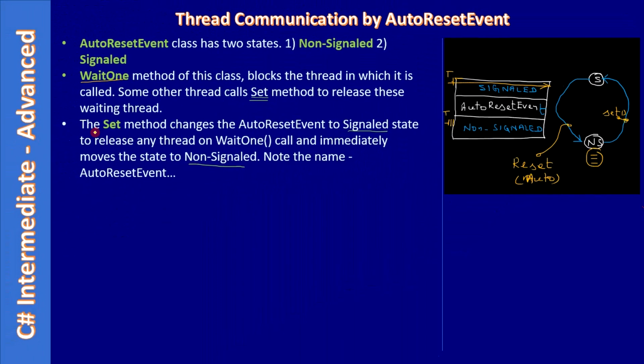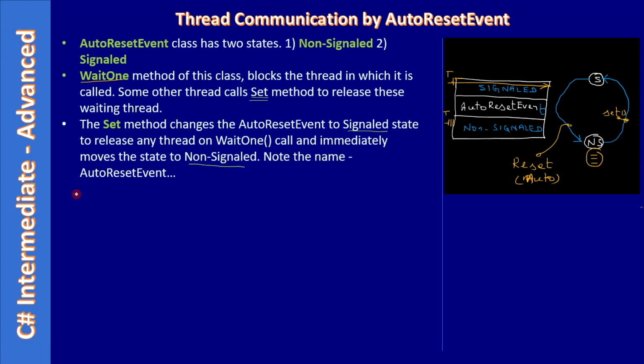Now let's read this once again. The Set method changes the AutoResetEvent to signaled state to release any thread on the WaitOne call, and immediately moves the state to non-signaled. AutoReset, that's what we are stating.